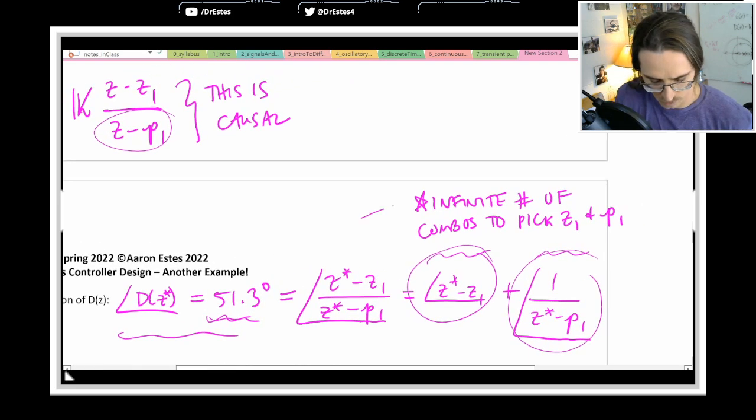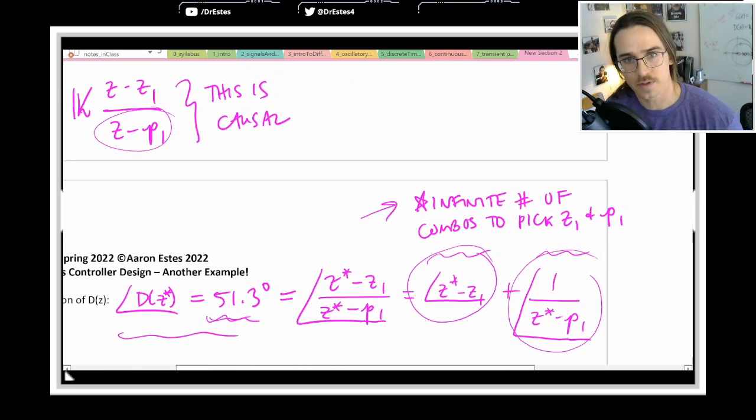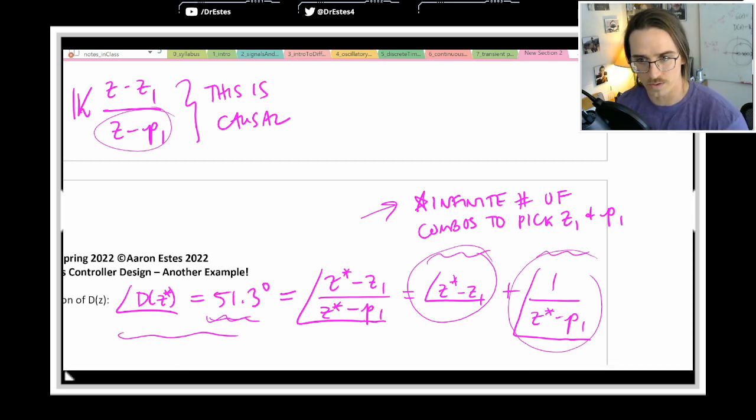And there's an infinite number of combinations of zeros and poles you can pick to get this overall angle contribution of 51 degrees. You're going to find the same sort of issue on homework 6. So we're going to talk about how you navigate this issue of having a bunch of different options.